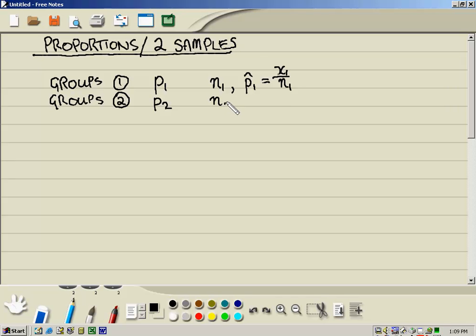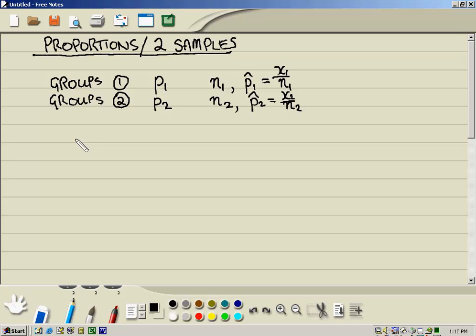And similarly for group 2, sample size n2 and p hat 2, which is x2, number of items with a particular quality in group 2, divided by total number in group 2, n2. Remember that x's and n's are whole numbers or integers.